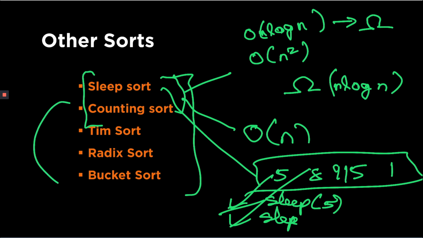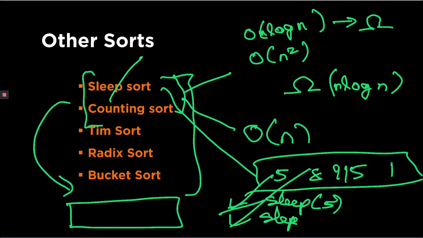Counting sort, again, can be done in O(n). How it works is you have these numbers. Let's say we know the range of the numbers before we start the algorithm, like numbers from 0 to 10,000. We can create an array with values 0 through 10,000.